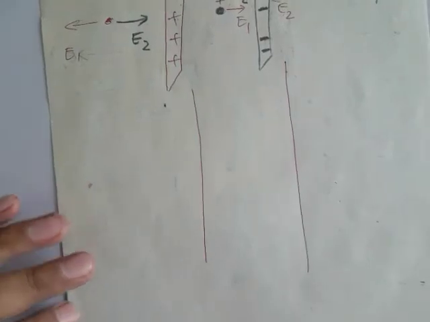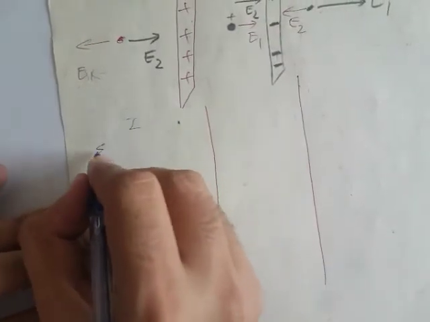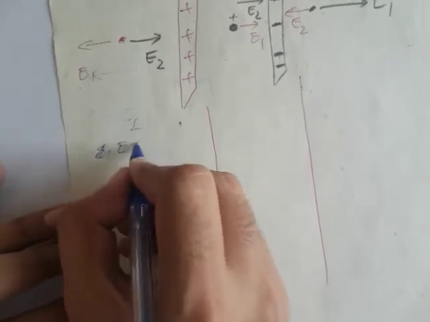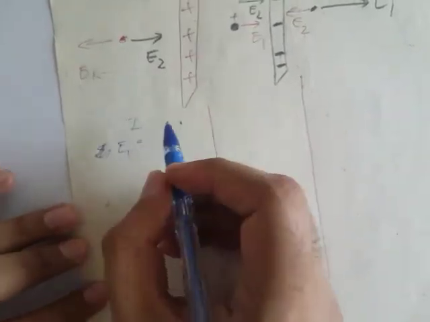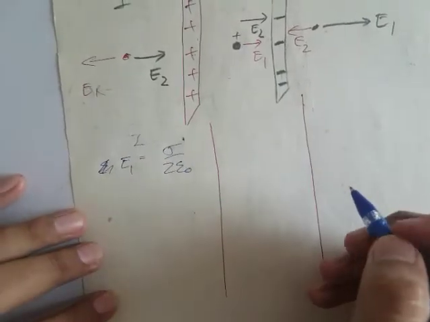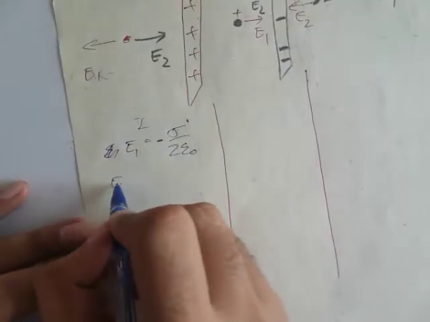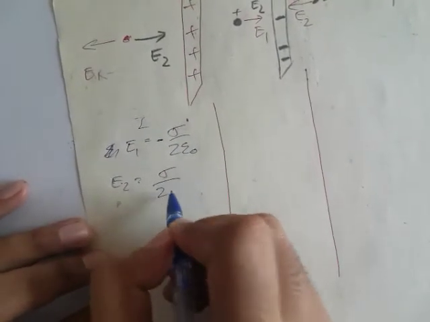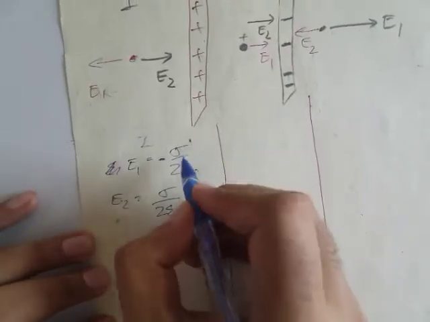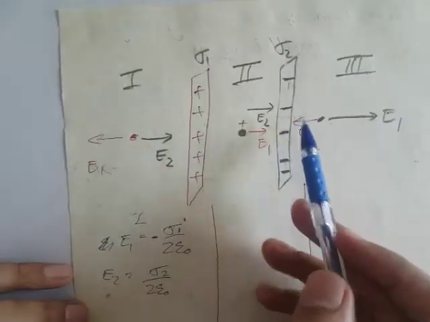So first for region 1, what we are going to write is E equals E1, electrical field 1, that is sigma upon 2 epsilon naught, but E1 is in the opposite direction, so we will put a minus here, and E2, that is sigma upon 2 epsilon naught. Here sigma 1 is positive, sigma 2 is negative charge.